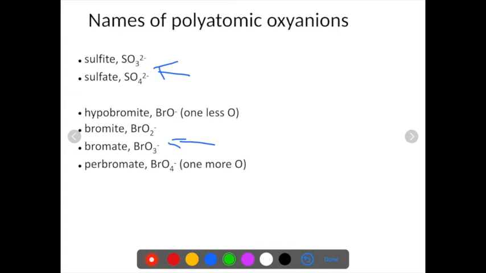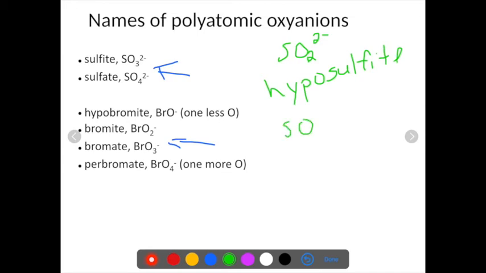So if I subtract an oxygen from sulfite, I get SO2 -2, which I would name hyposulfite. And then if I added an oxygen to sulfate and got SO5 -2, I can call that persulfate. So that's why I think it's the easiest, is just to memorize the ates for all of them. And then depending on if you're adding or subtracting oxygens, you can figure out the other names.